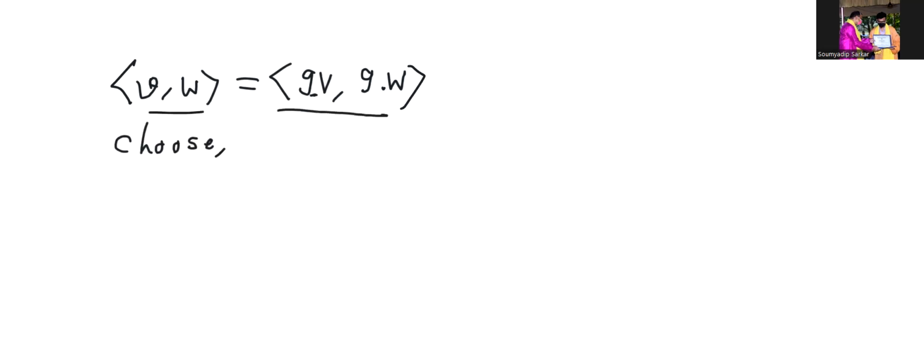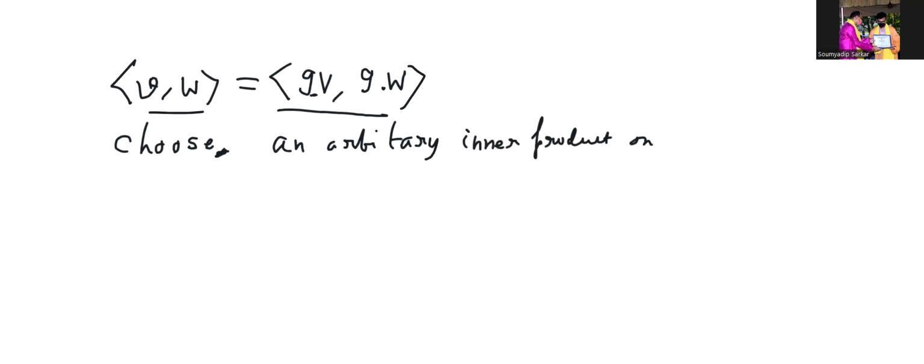The idea is basically to choose an arbitrary inner product on your vector space V. You can always choose an arbitrary inner product, and then you can average. That is the main idea. So you can define a new inner product. Let me call it the averaged inner product. How do you average? You integrate over the group.